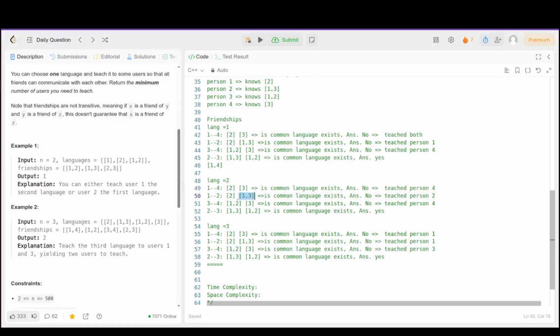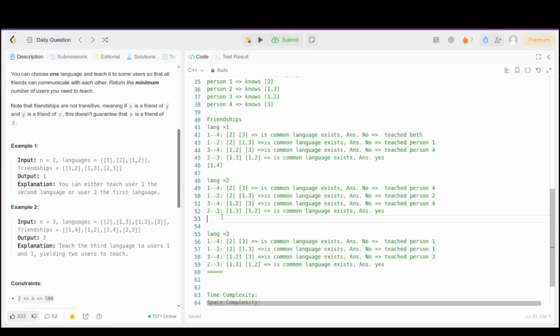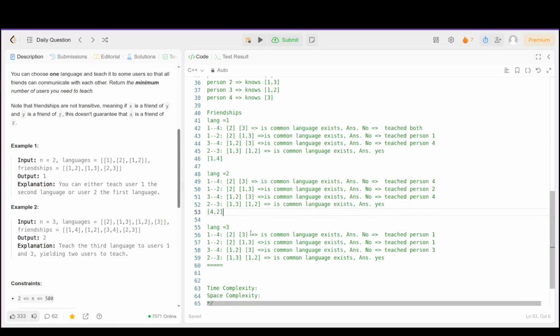And 3 comma 4, that is, 3 knows language 1 comma 2 and 4 knows 3. So we teach the language to person 4, and 2 comma 3 already have a common language. So how many persons do we have to teach? Person 4 and person 2. So there are also 2 persons to teach for language 2.